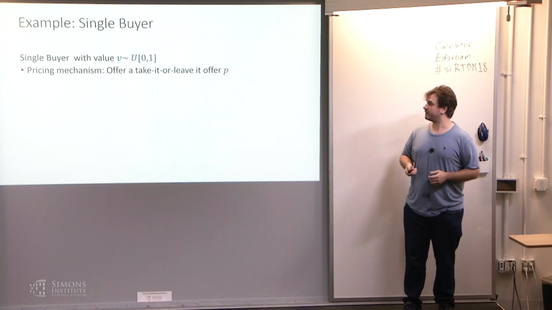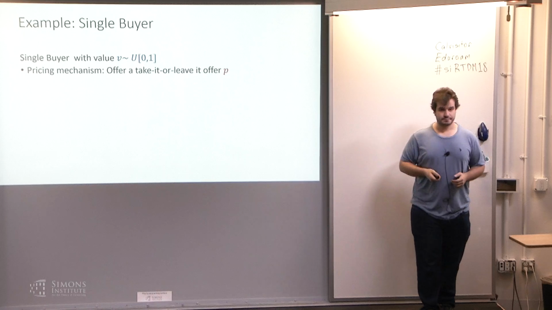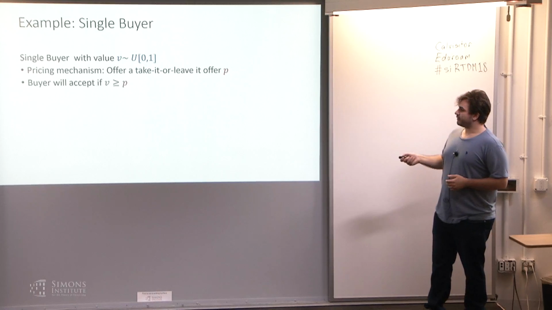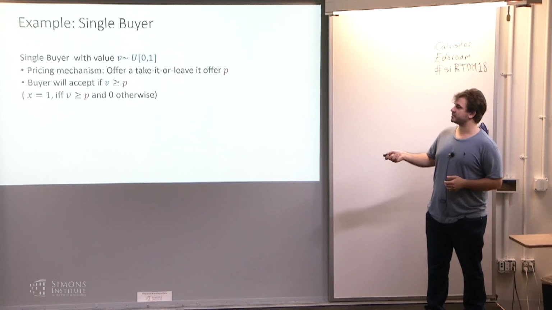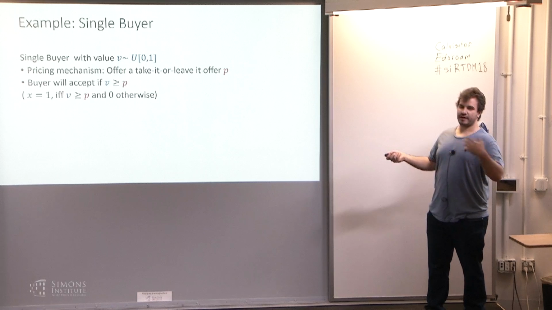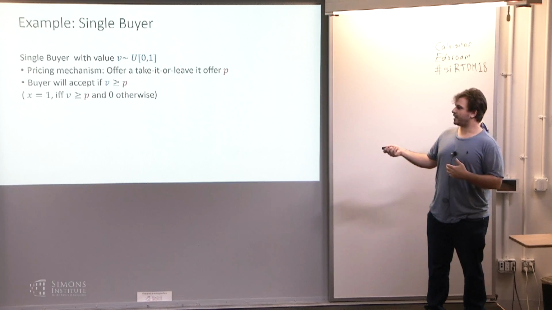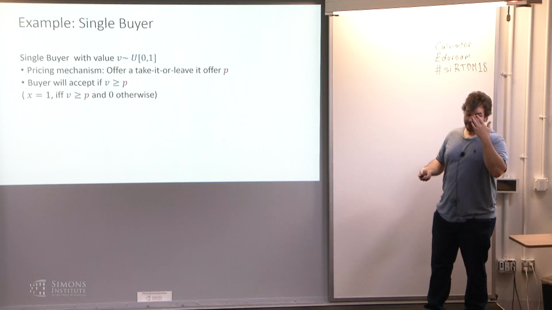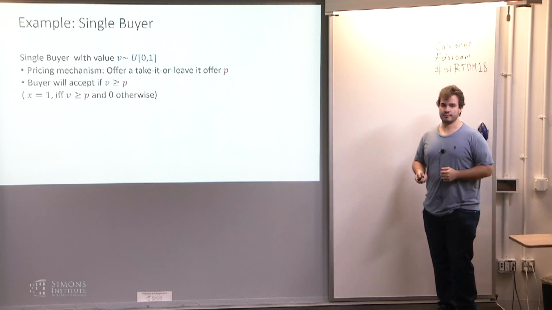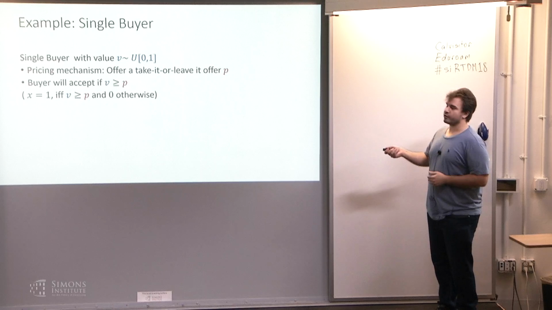Essentially offer a take-it-or-leave-it offer of P. What that means is that the buyer will accept if the value is over P. So that's essentially, using the previous notation, that we receive the value of the buyer and then we allocate if the value is over P and 0 otherwise, and we charge them P if they win. You can view it both ways. This is the simple way, this is the formal way.